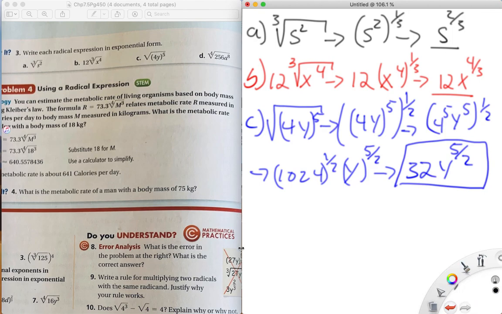And then lastly, we have d, which is 256 a to the 8th power, and that is rooted to 4, 4th root.